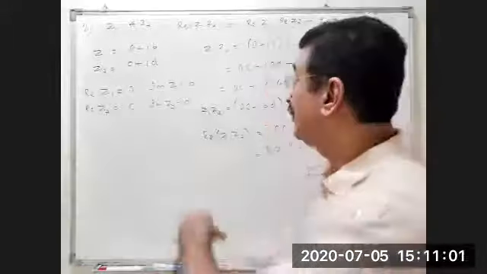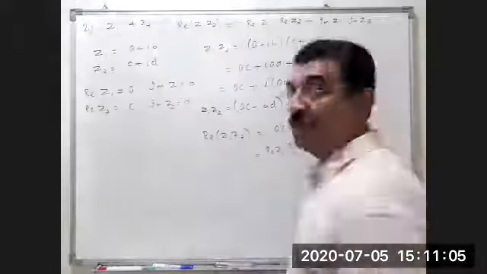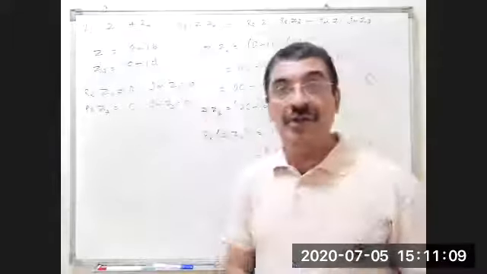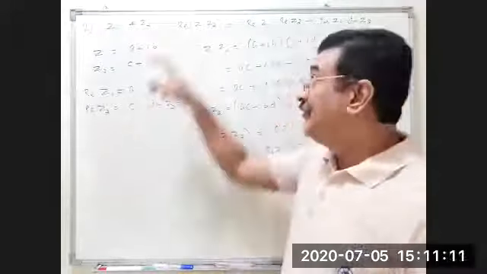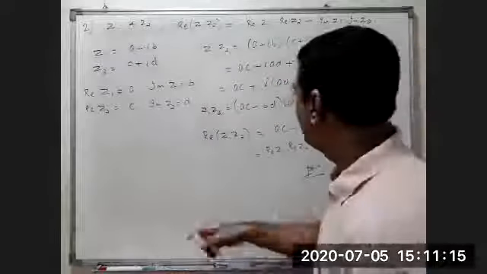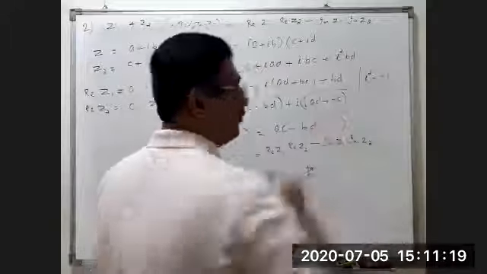The slight change is that instead of proving the real part of Z1 Z2, they can ask to prove the imaginary part of Z1 Z2. This part is the imaginary part.